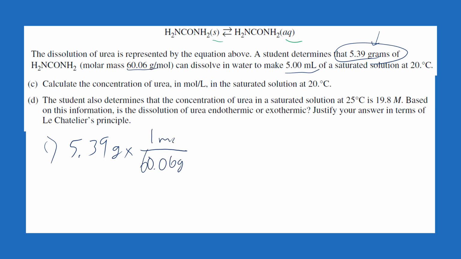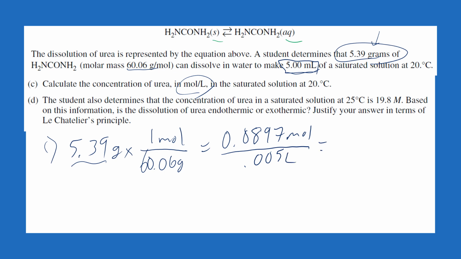Grams per mole. So then when you divide, you get the moles to 3 sig figs is 0.0897. But we don't want moles, we want moles per liter, the concentration. So you would divide by the liters. So 5 milliliters is 0.005 liters to give us molarity, 17.9.